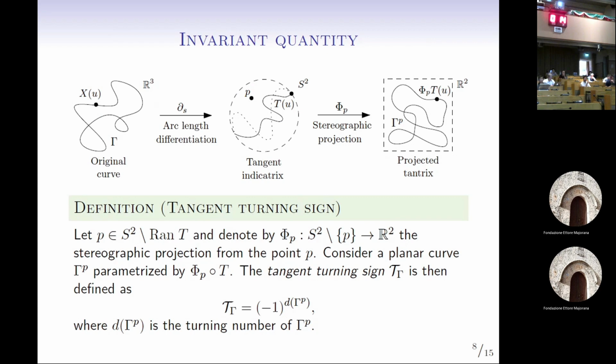And here, look at the planar curve, and we define the tangent turning sign as -1 to the turning number of this curve. So this will give us two different numbers, and this actually relates to the correct number of equivalence classes that we have. That's a result from Feldman.